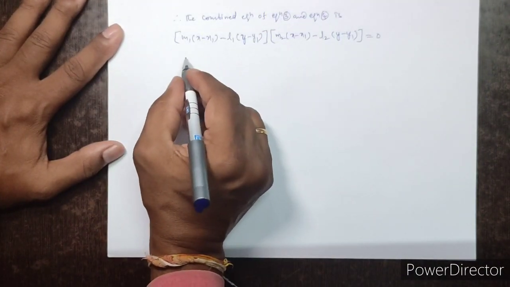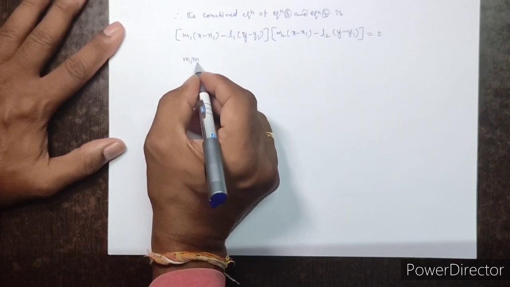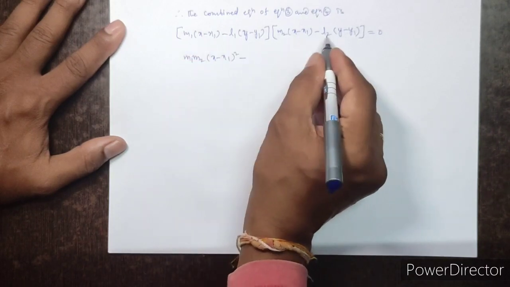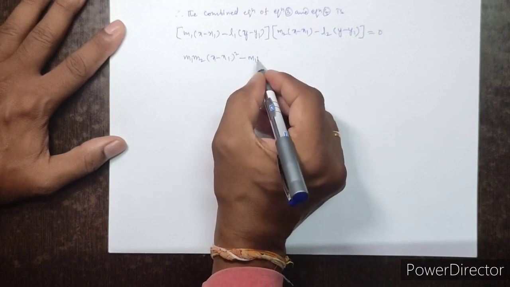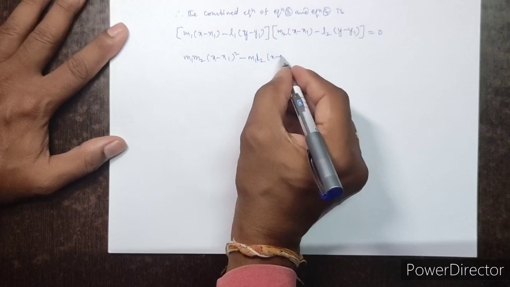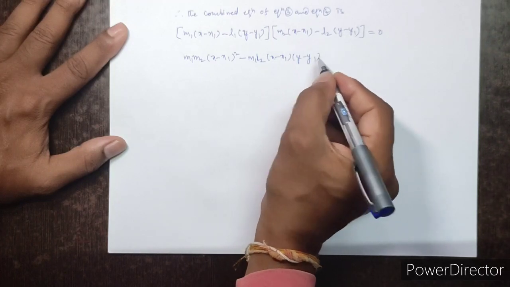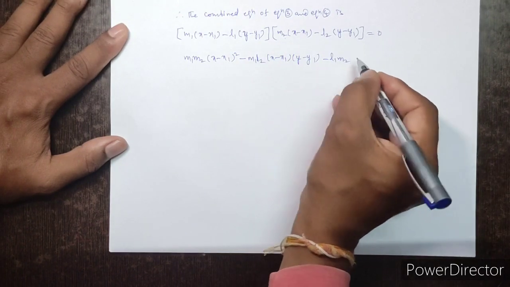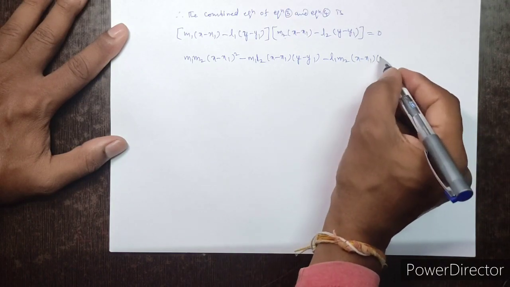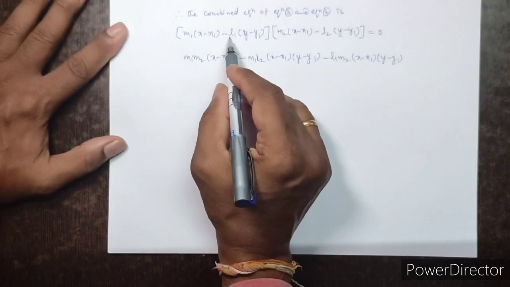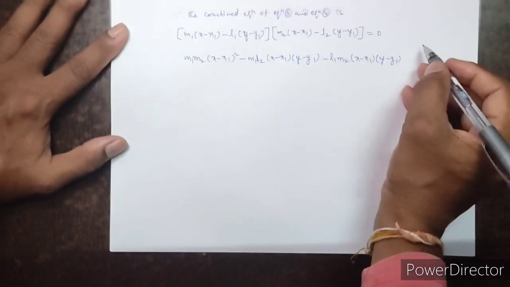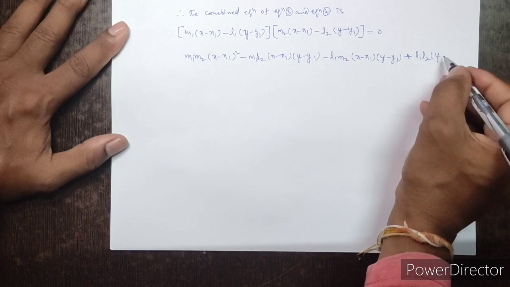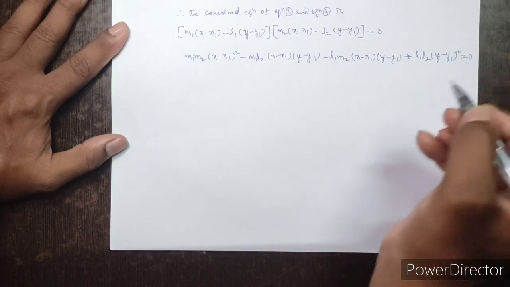Just do the product multiplication: m1 into m2 (x minus x1) whole square, minus m1 l2 (x minus x1) into (y minus y1), next minus l1 m2 (x minus x1) into (y minus y1), next minus into minus plus l1 l2 (y minus y1) whole square equal to 0.